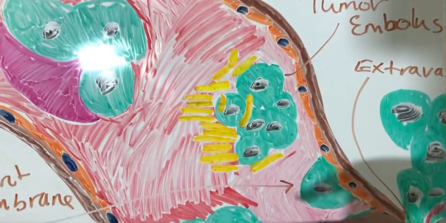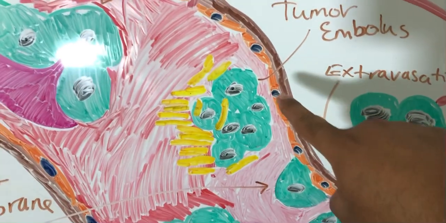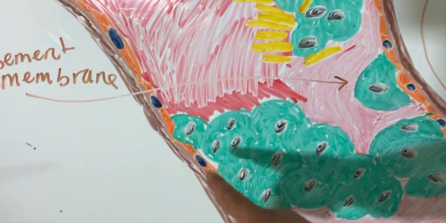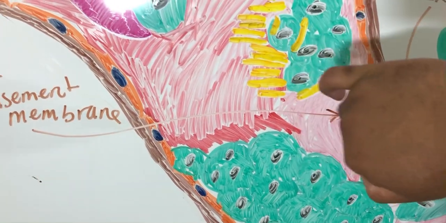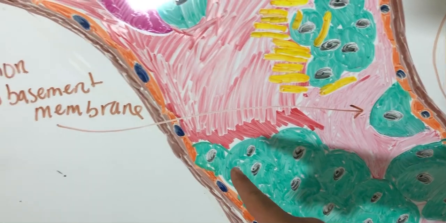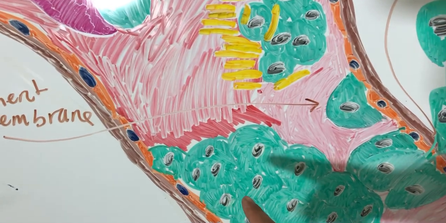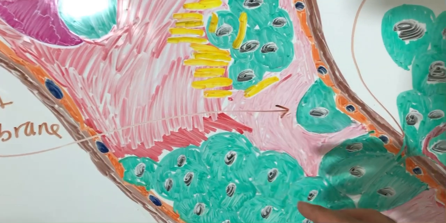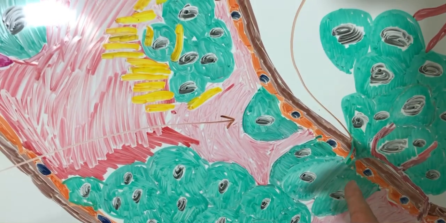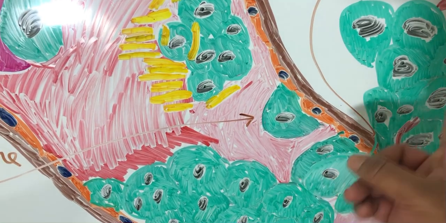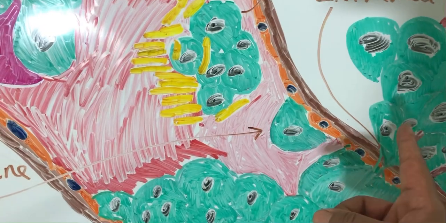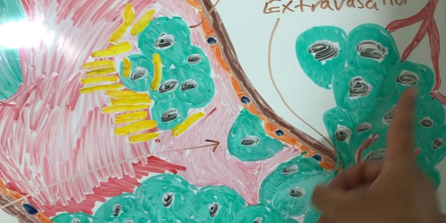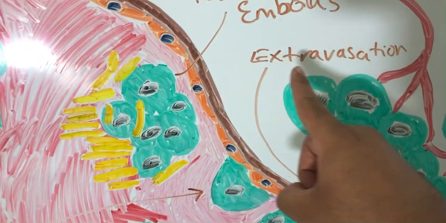So the tumor embolus will travel, and it will adhere again to the basement membrane from the inside. And when it adheres to the basement membrane, it will start growing and growing until it attaches to the other side, and it will now invade again. It will destroy and break down the basement membrane of the blood vessel and exit. And now that is extravasation.